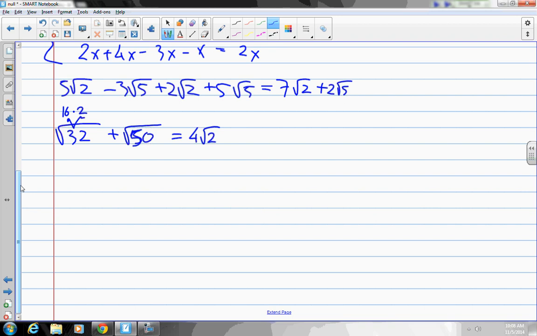And I can split 50 into 25 and 2, so that is 5 square roots of 2. Now they have the same square root portion, so I can add them together. Looks like 9 square roots of 2. 4 plus 5.